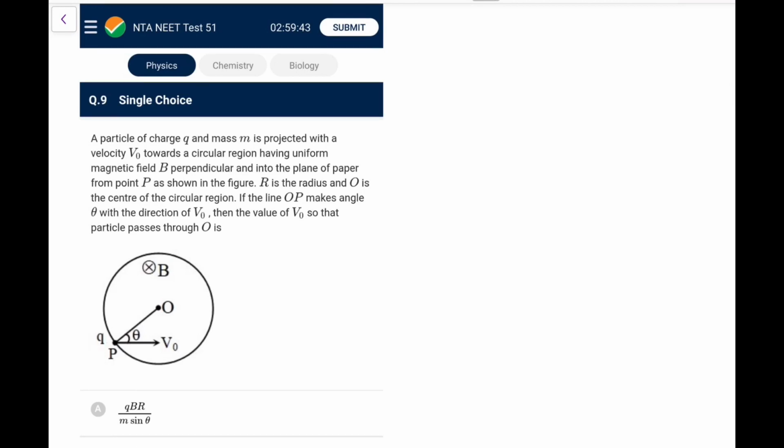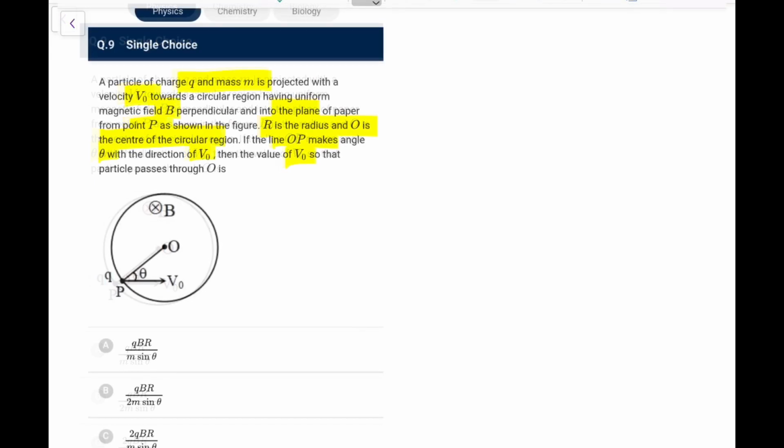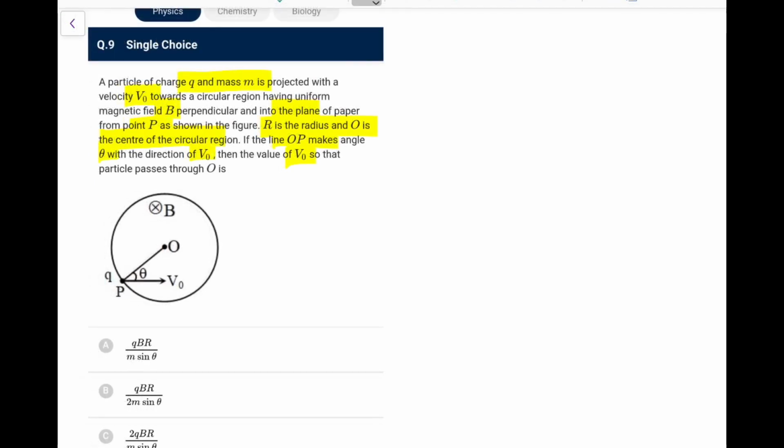A particle of charge Q and mass m is projected with a velocity v0 towards a circular region having field B perpendicular and into the plane. From point P as shown in figure, if R be the radius and O is the center of the region, the line OP makes an angle theta with the velocity direction of v0, then the value of v0 so that the particle passes through. I have done this before also in one test, I can recall. So if it has to pass through like this, let me take the pencil.